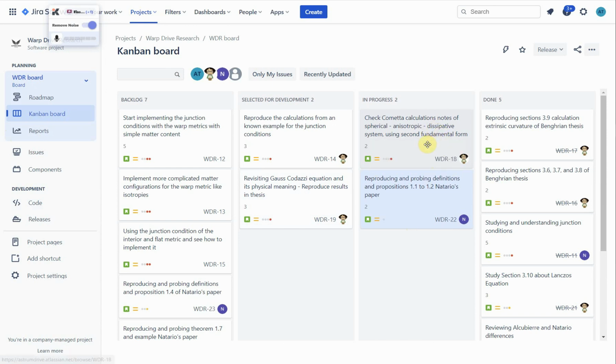Yes. Well, what Gabriel is doing is, from one side, he was studying junction conditions in general. We need to understand that there are several approaches you can have for making the junction condition.